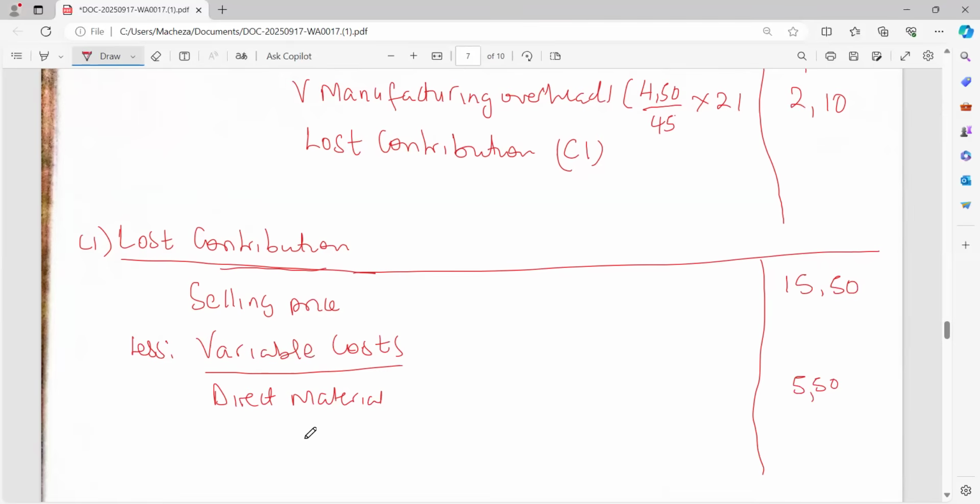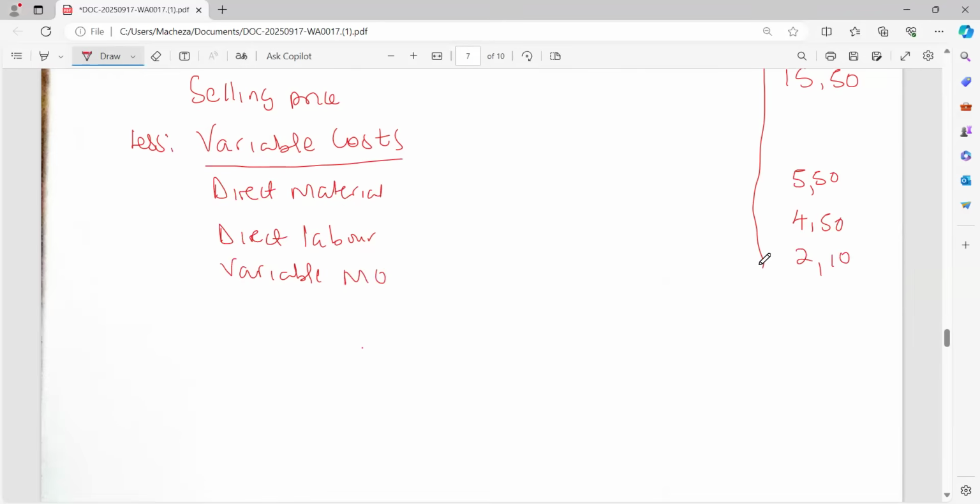Our direct labor is 4 Rand 50. Then we have our variable manufacturing overhead, we already calculated this one. It's going to be 2 Rand 10 cents. Then what else do we have there?